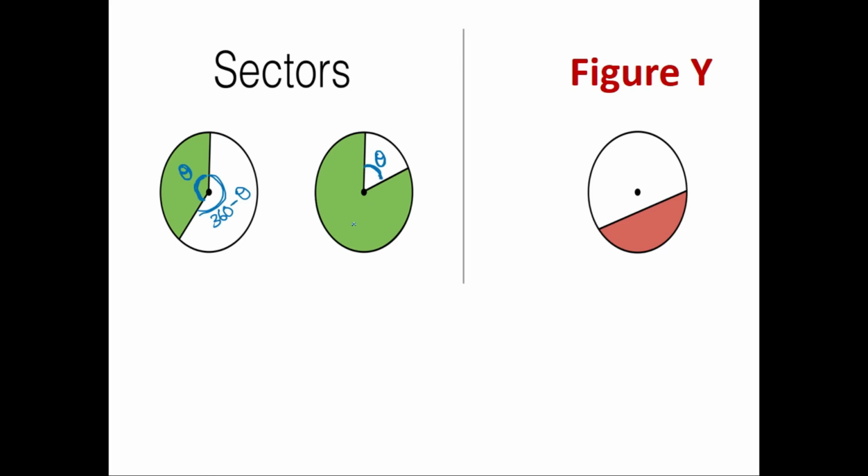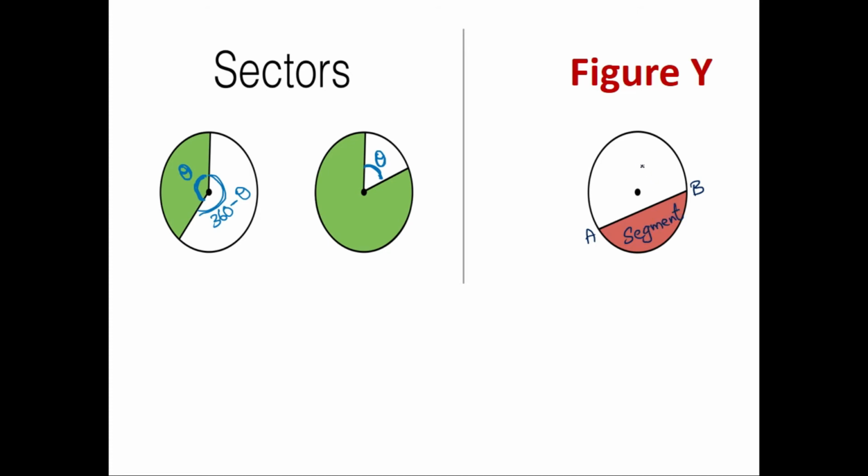A sector makes an angle with the center, and in figure Y you can see it has no connection with the center. Here it is just a chord AB, and the chord AB is dividing the circle into two regions, and this region is called a segment.